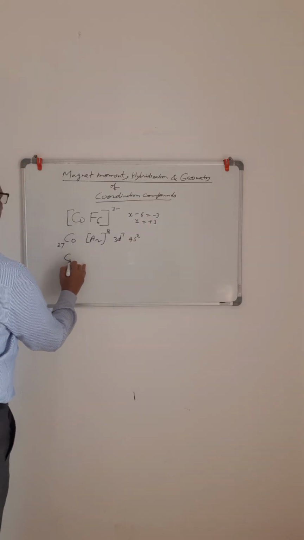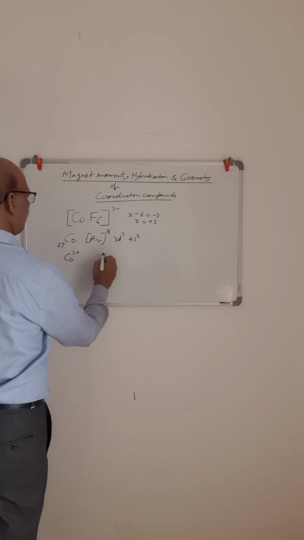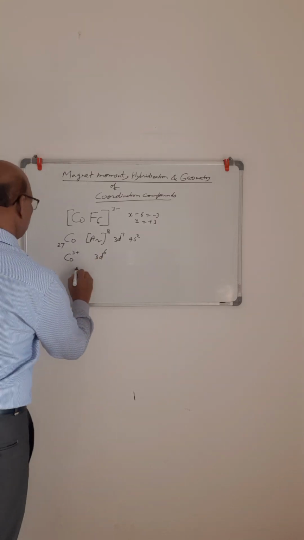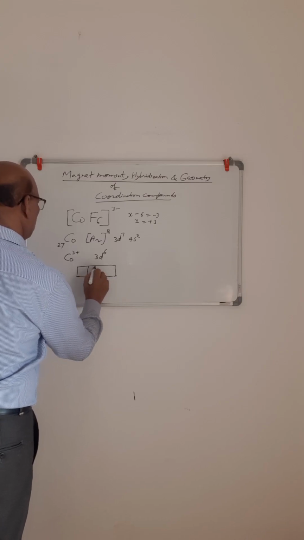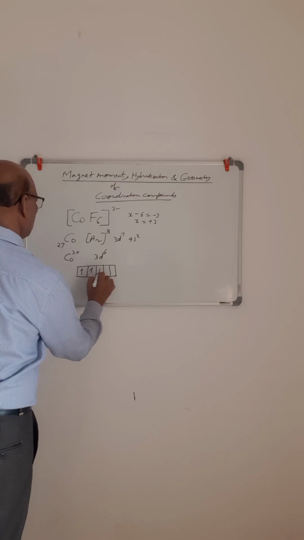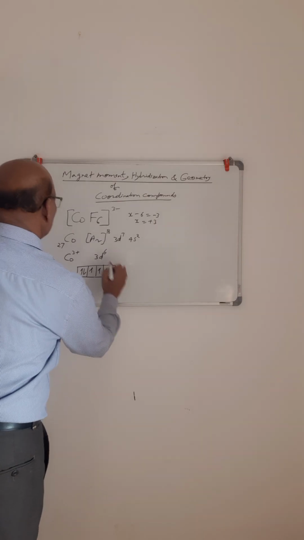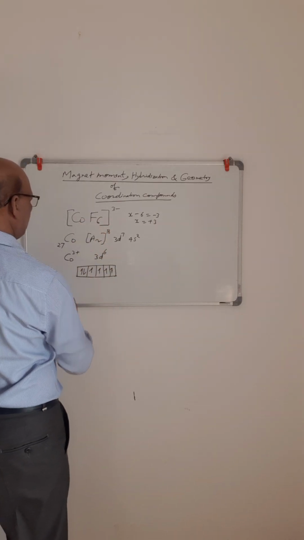So I will write the configuration for cobalt 3 plus ion, that will be 3d6. Okay, now I will represent 3d6 like this: 1, 2, 3, 4, 5, 1 electron each and 1 electron here. Okay, now because fluoride is a weak field ligand, no pairing of electrons will take place.